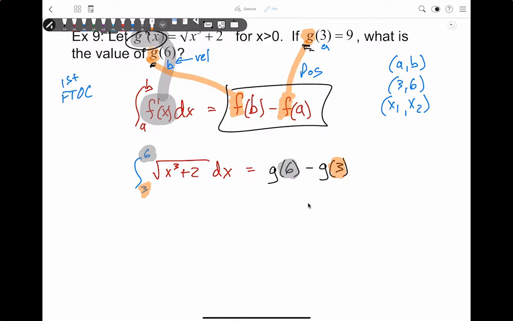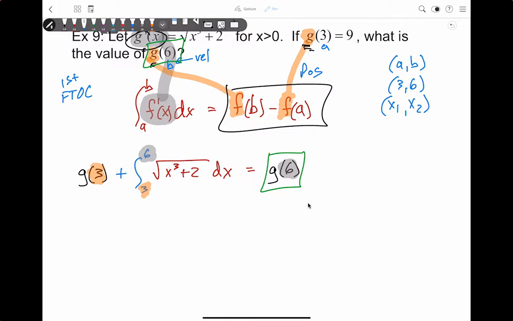So let's go ahead and calculate what is the value of g of 6. We're looking for that. Just like we did in prior notes, we're going to take this minus g of 3 and move it over here by adding it to both sides. Since this was already a positive in front of this integral, we're just going to add it like this. This is that rearranging.